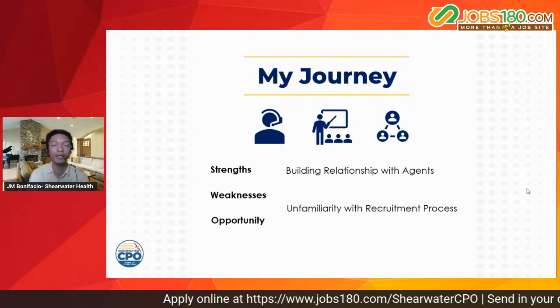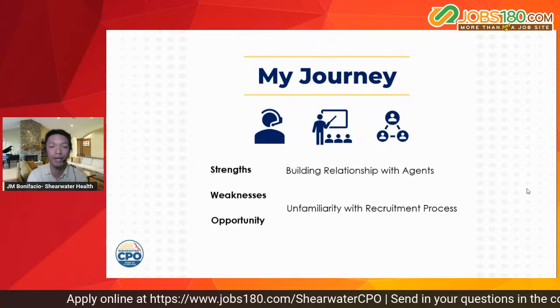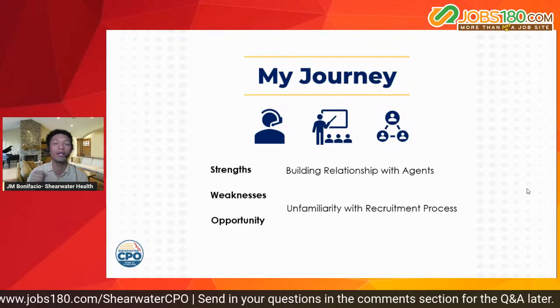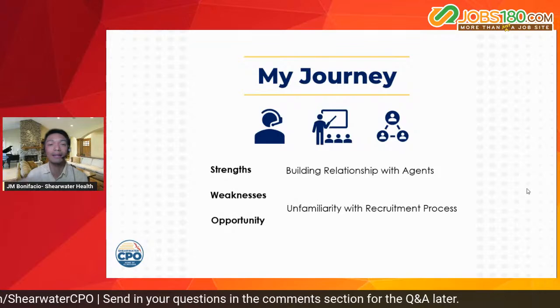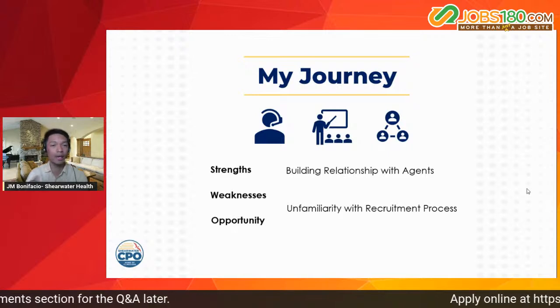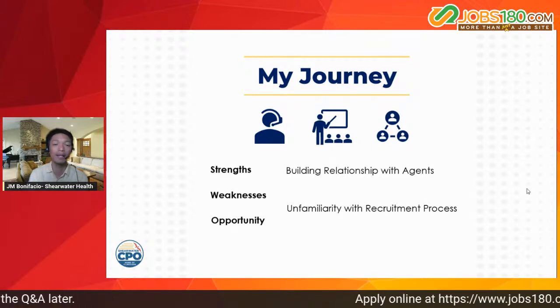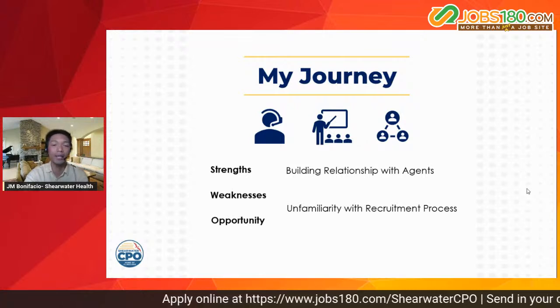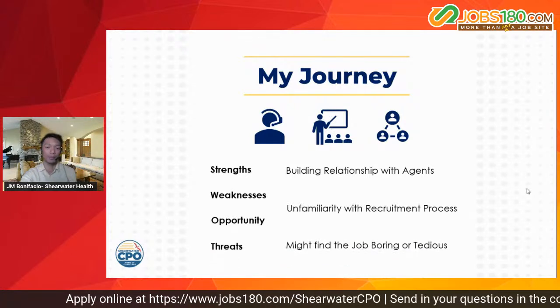And after 90 days, I should go outside my comfort zone and try different work items for recruitment as an extension of my work. So that's my SMART planning during that time. So my opportunity again is the unfamiliarity with the recruitment process.